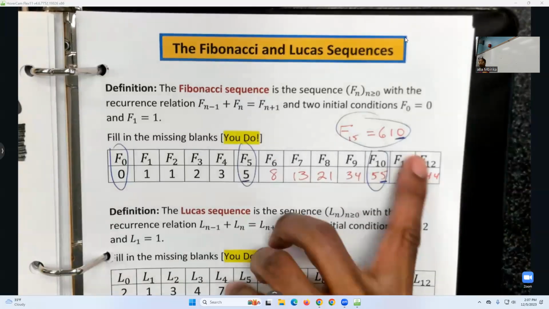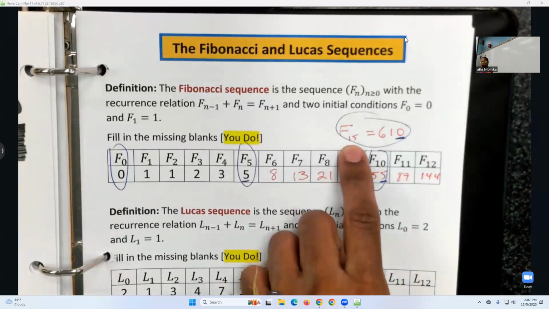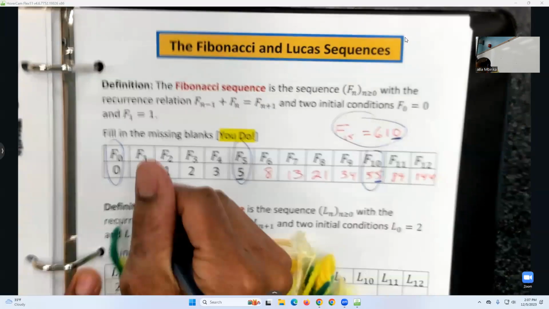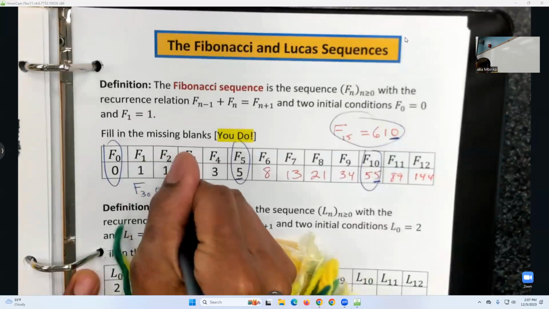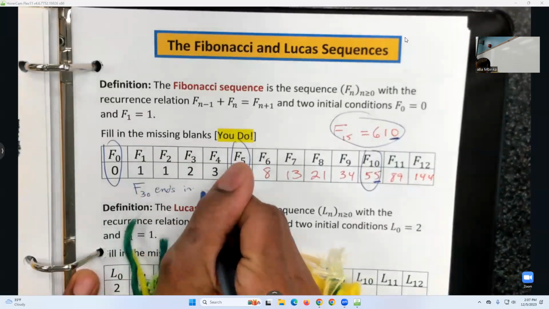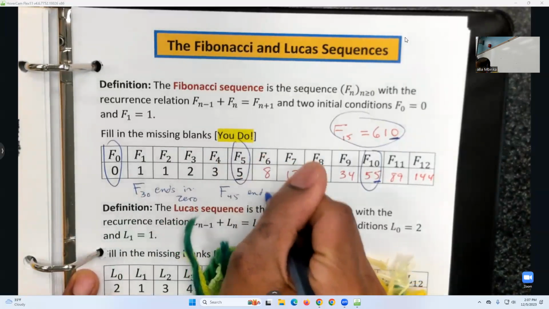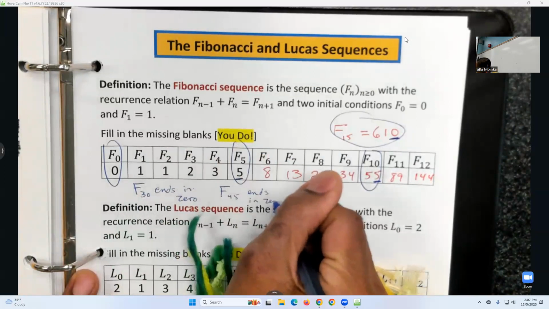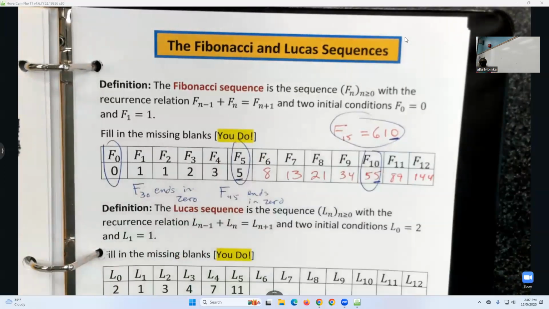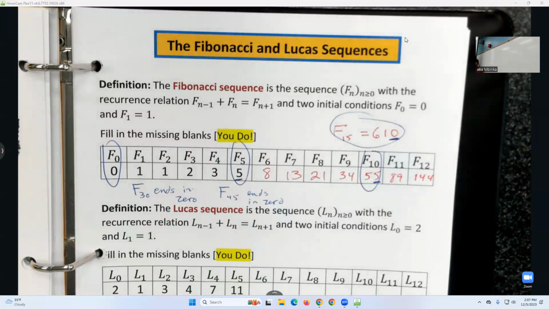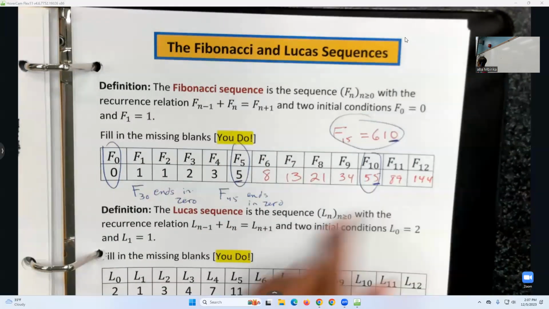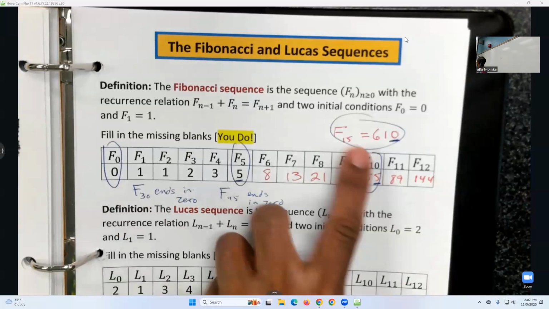The ones that end in 0 have a subscript like F30, F45, F15. So what is the connection between those subscripts? Every 15th Fibonacci number is divisible by 10, and every fifth Fibonacci number is divisible by 5.